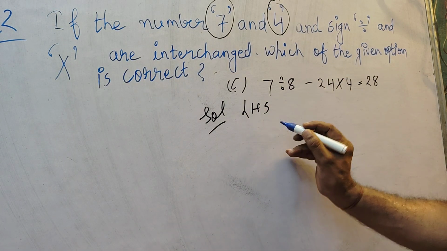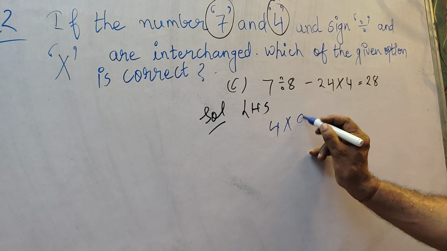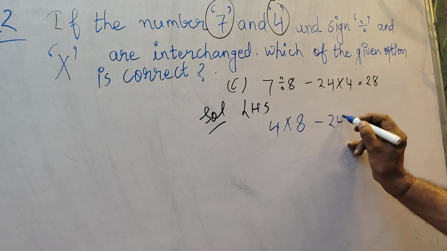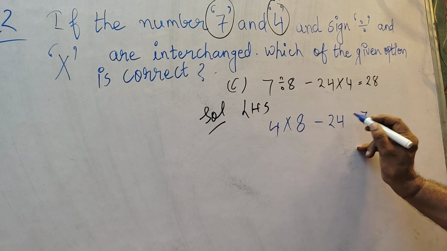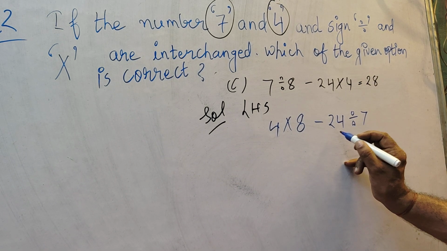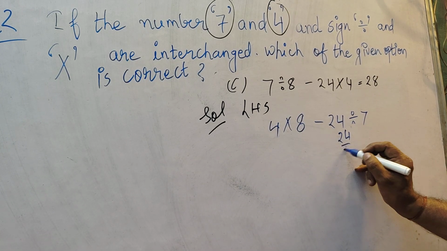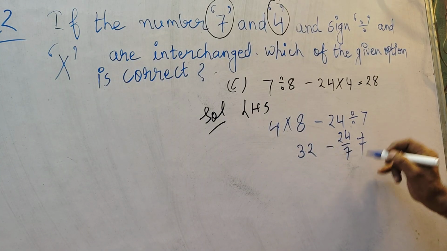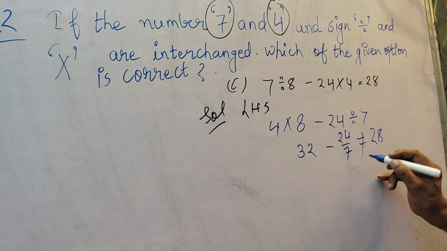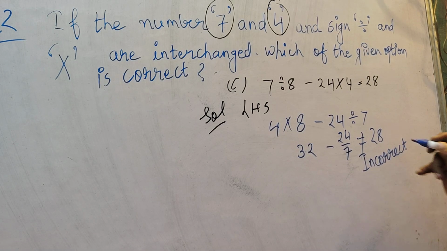So 7 is replaced with 4, divide is replaced with multiply, and 4 is replaced with 7, and multiply is replaced with divide. Now 24 divided by 7, it is not divisible by 7. So it is in fraction form, 8 times 4 is 32. It is still in fractional form, it is not equal to 28. So it is also incorrect. So C option is also rejected.